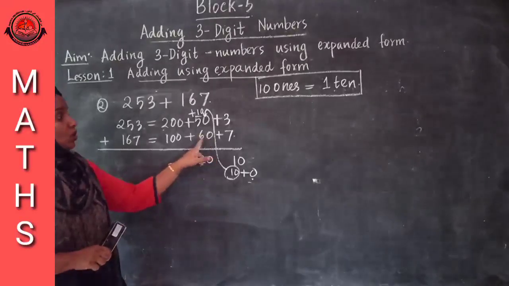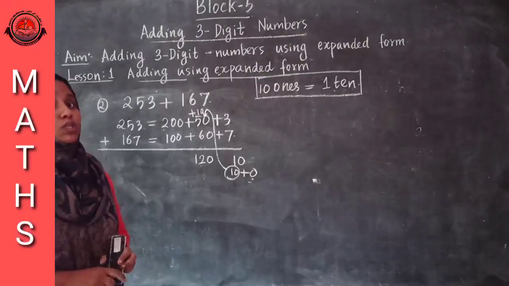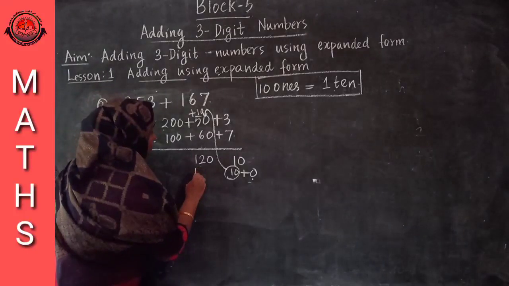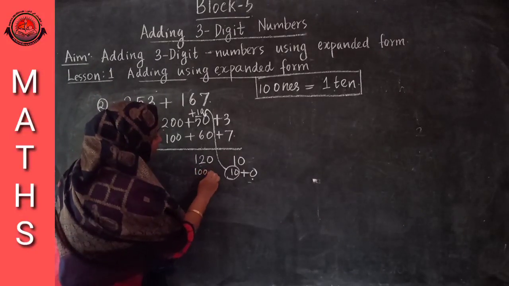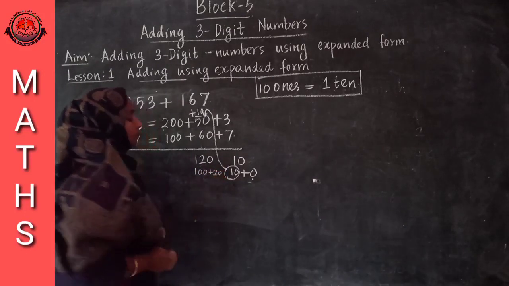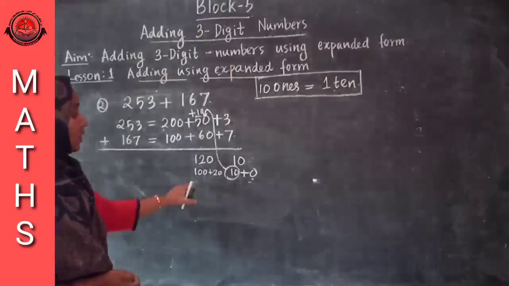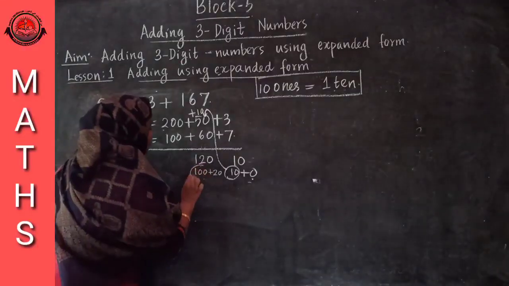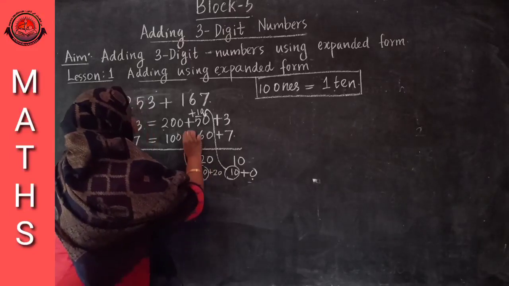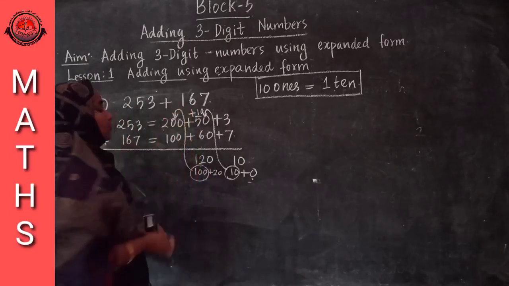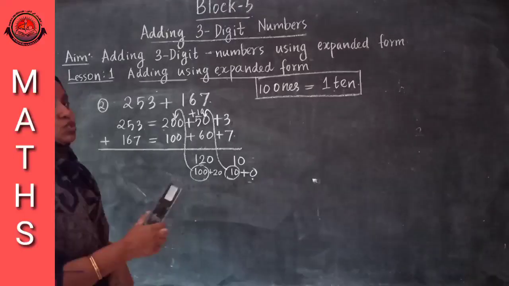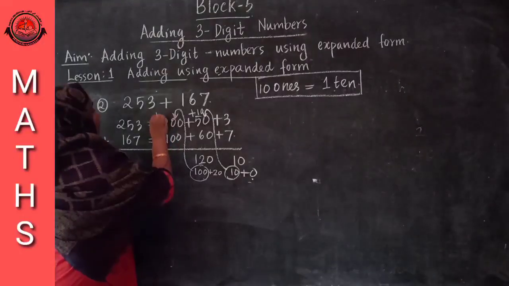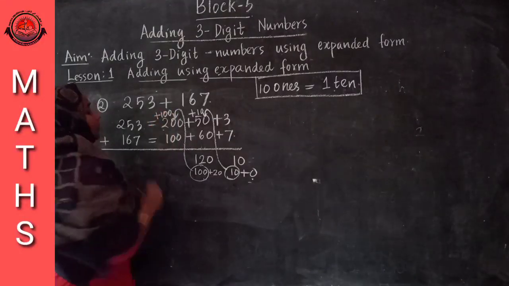In tens place only 2 digits will come. So we have to expand the 120 as 100 plus 20, and we have to regroup this 100 to here. We should regroup the hundreds to here and add plus 100 here.